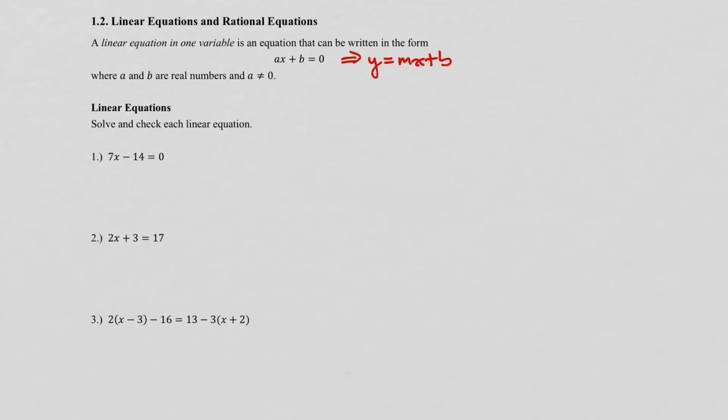And that is a linear equation in slope-intercept form. And so what we're going to be doing is solving more complex equations, but this is the basic idea. All right, so let's take a look at what are the steps to solving.